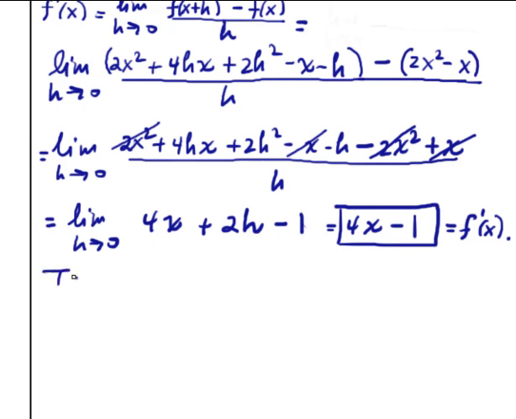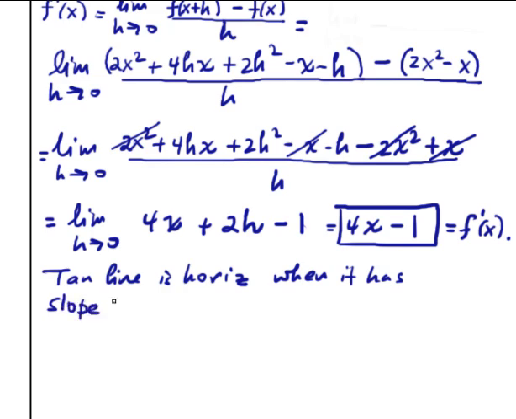So the tangent line is horizontal when it has slope 0. So to figure out when this occurs, just set the derivative equal to 0 and solve.